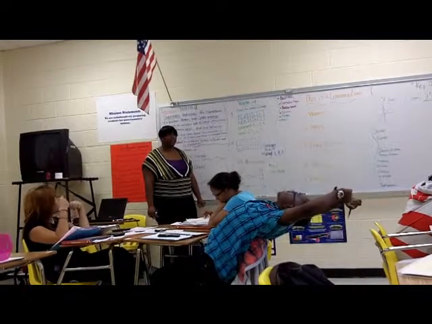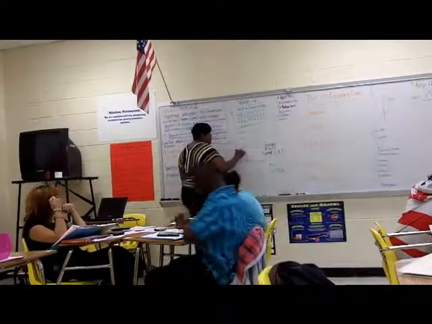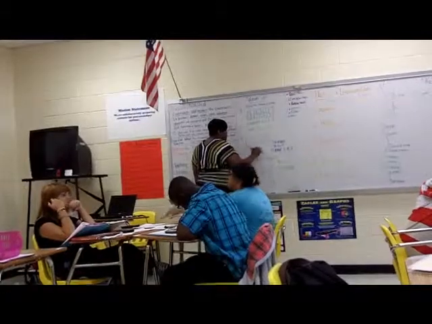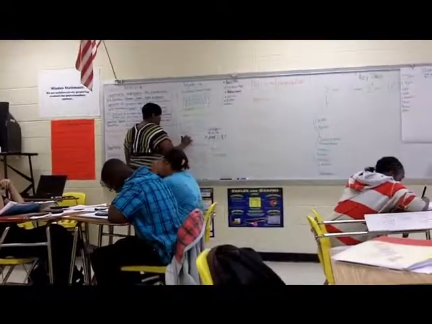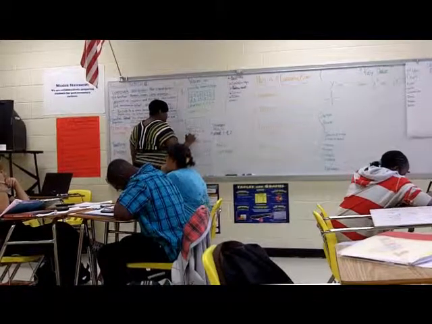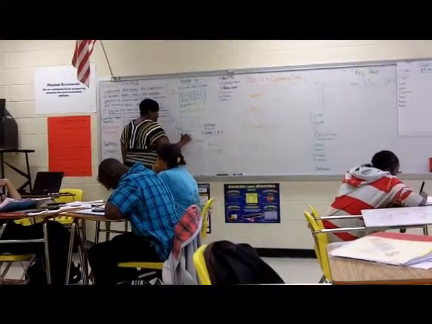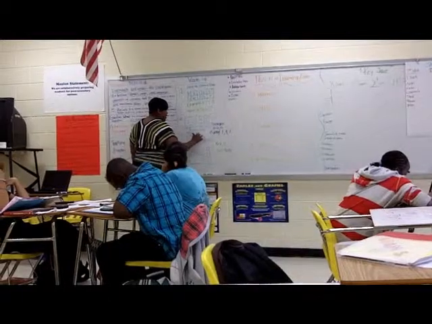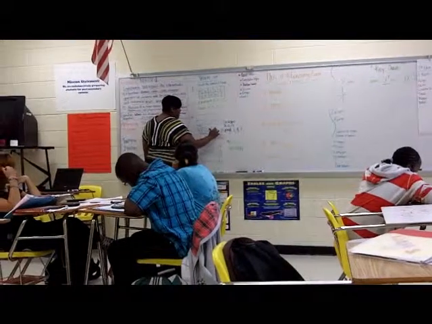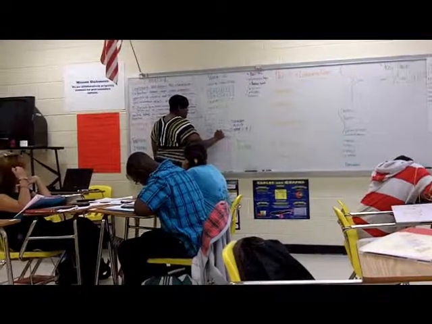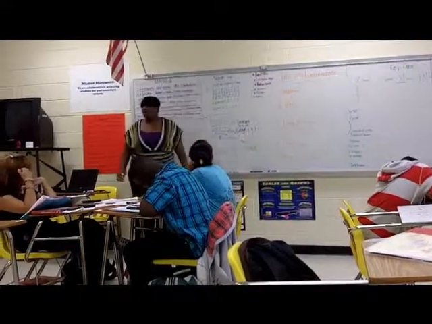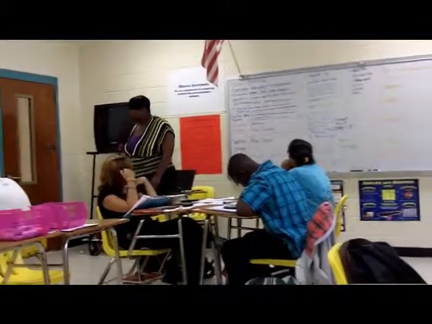So you had to substitute the 3 for the x. So we're going to use our what notation? Functional notation. Good. So we said f of 3 equals 3 minus 2. F of 6 equals 6 minus 2. And f of 9 equals 9 minus 2. So we have 1, 4, and 7. Everybody understand that? Yes.